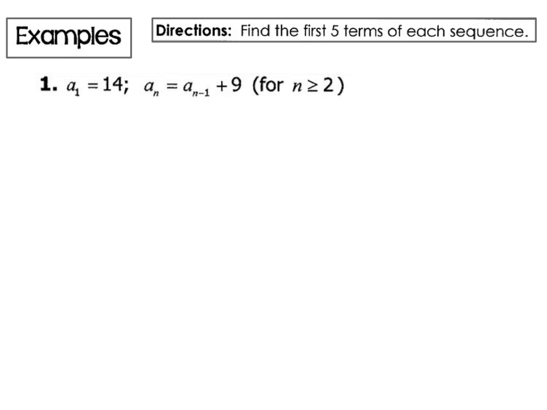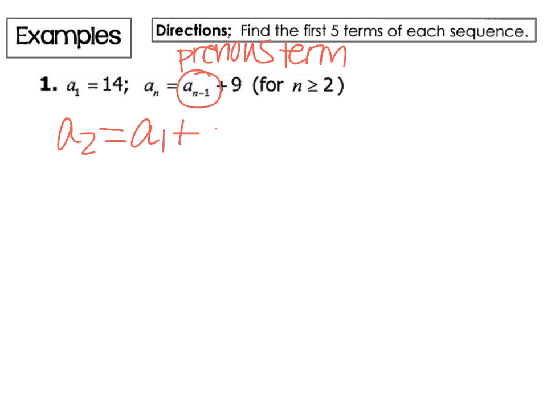All right, so anytime you have a sub n minus 1, this means the previous term, the term that comes right before it. In order to find a sub 2, the second term, we want to take the first term and add 9.